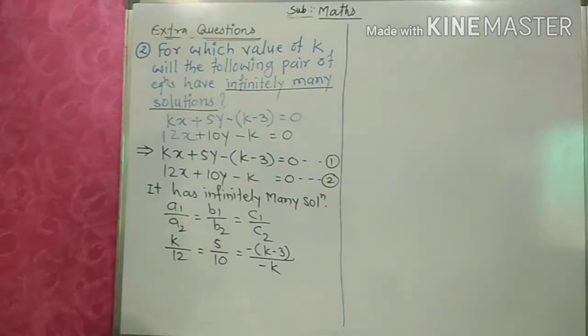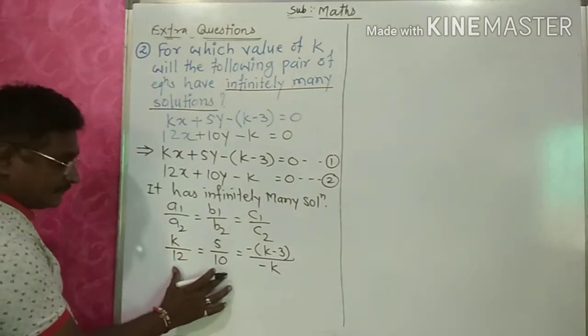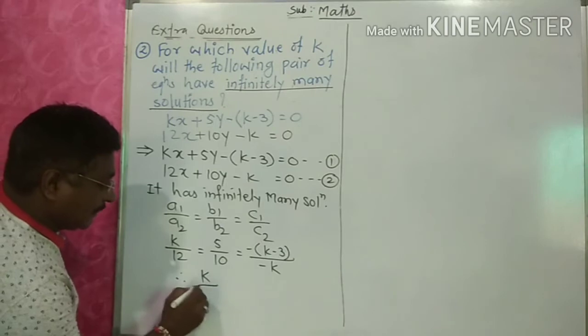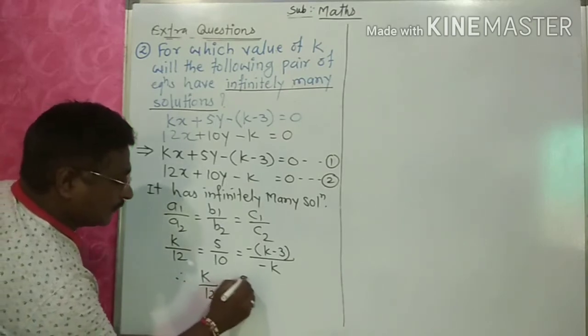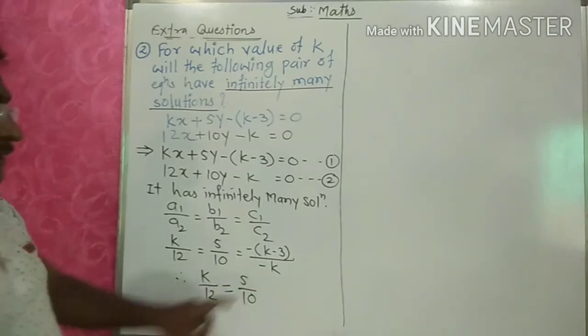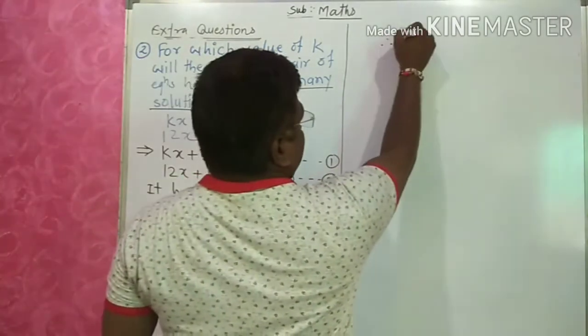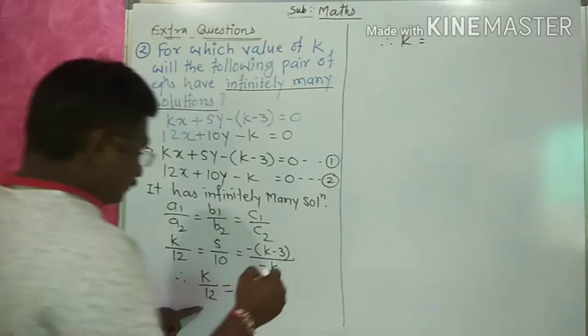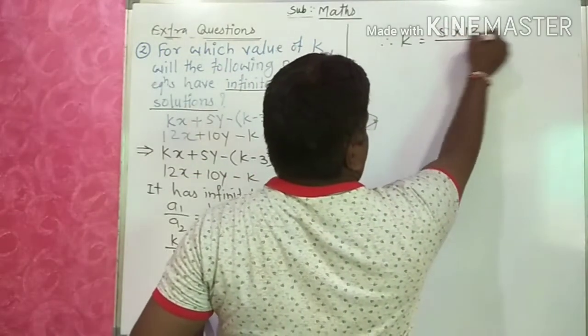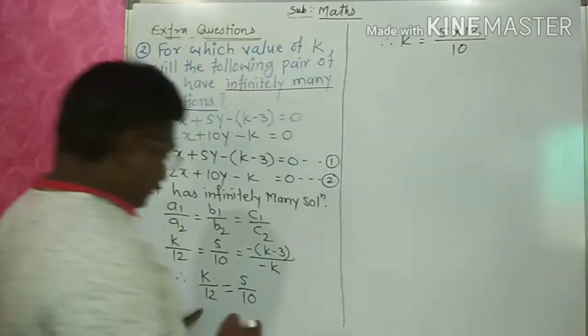Now we have to find the value of k. So consider first and second. Therefore k by 12 equals 5 by 10. So by cross multiplication, what will we get? K equals 5 into 12 by 10.